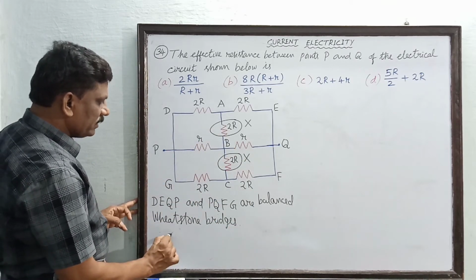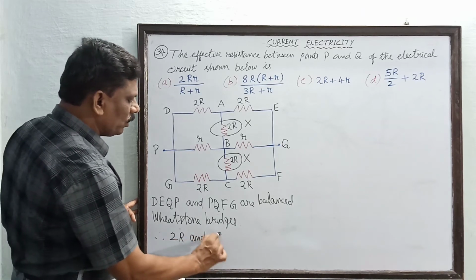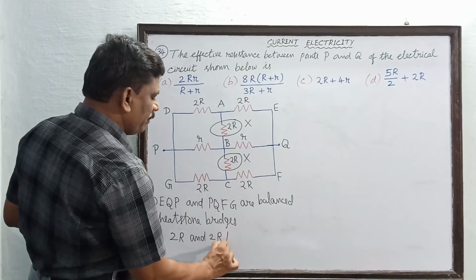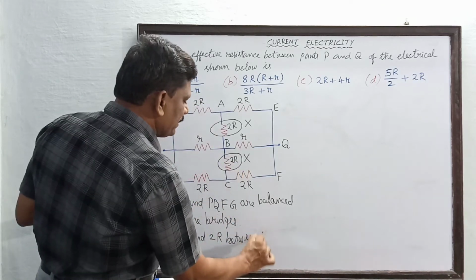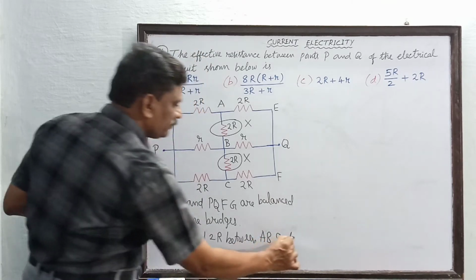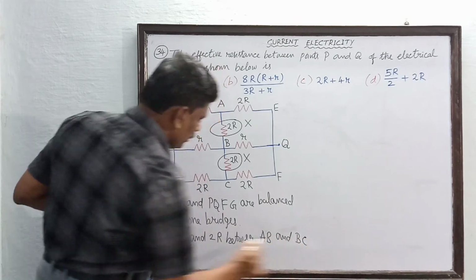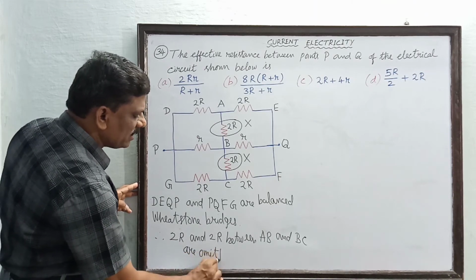Therefore, this 2R and 2R between AB and BC are omitted. This is the understanding point first.